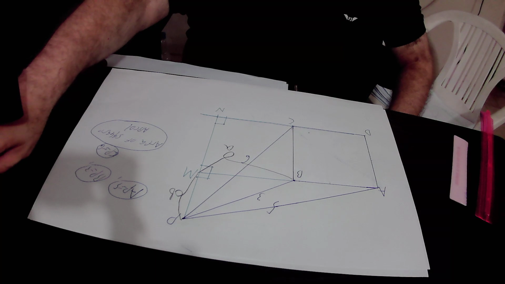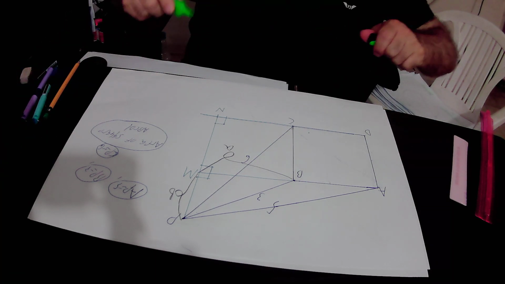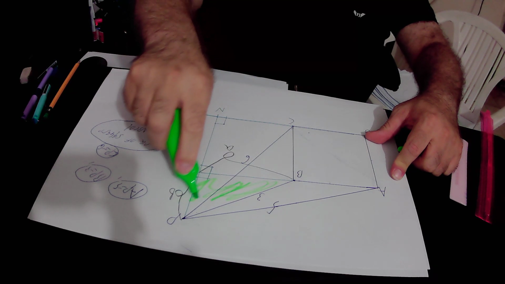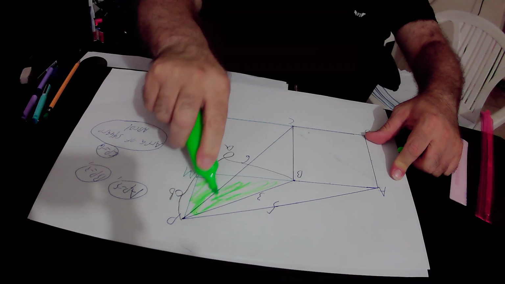In the next step we will implement the Pythagoras theorem on the right green triangle PMB.